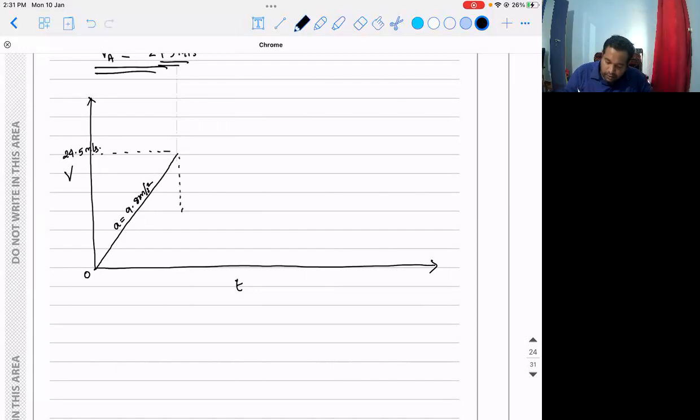This time is 2.5 seconds. Then it decelerates up to a time t. The acceleration is minus 3.9 meter per second square.